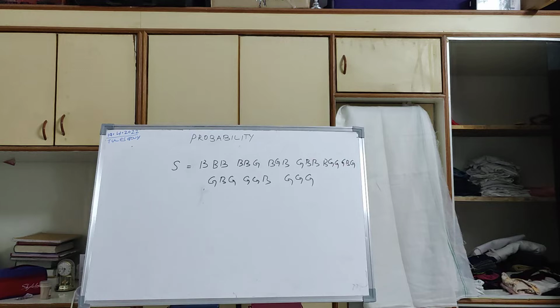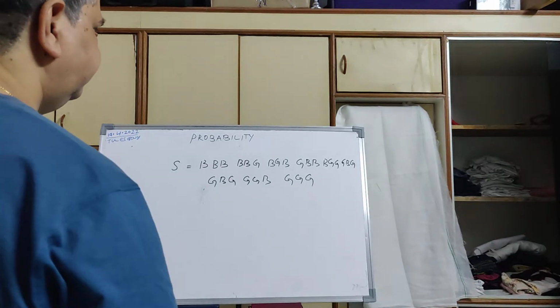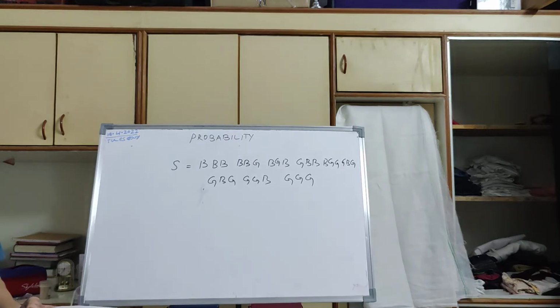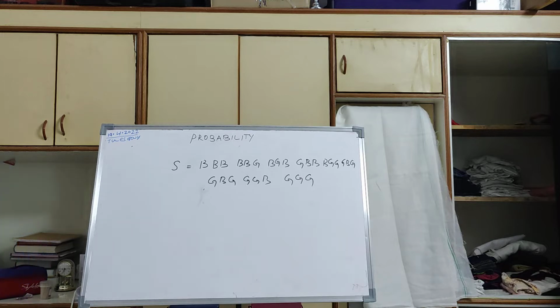Let's say this is the sample space associated with an experiment examining three consecutive pens produced by a machine, classified as good or non-defective and bad or defective. We may get one, two, or three defective pens as the result of the examination.